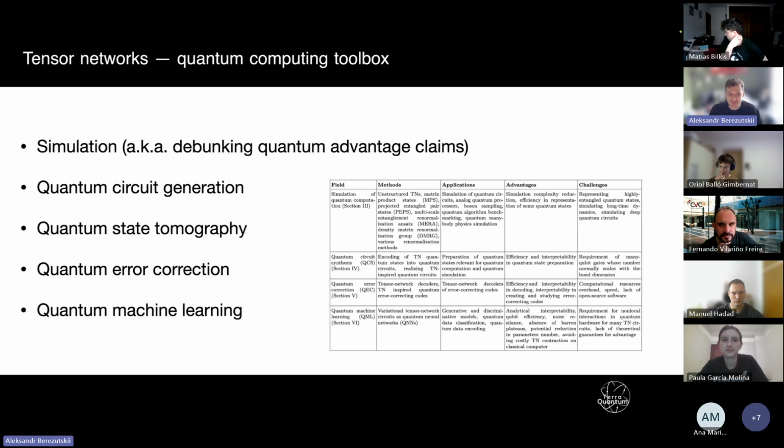But from what I understand, I guess it's a sort of optimization algorithm as well. So you say my state will be in the form of a matrix product state, for example. And then you can sample measurements from your quantum device.